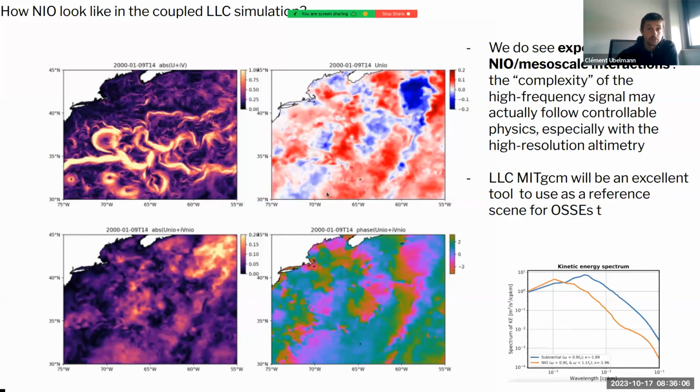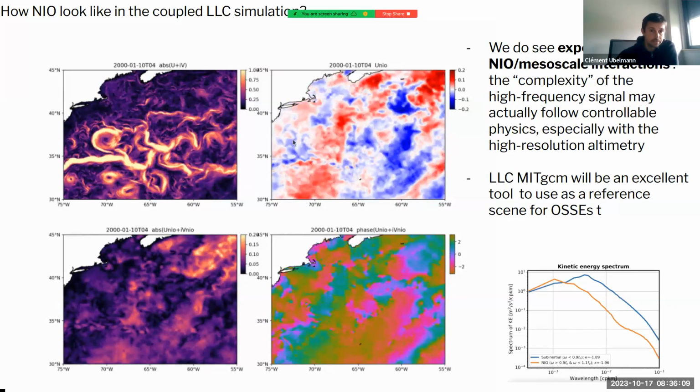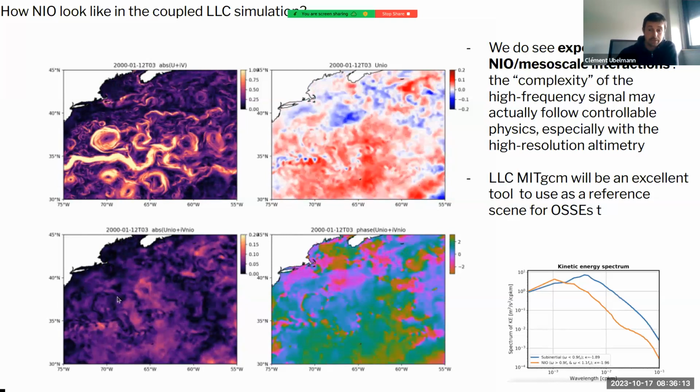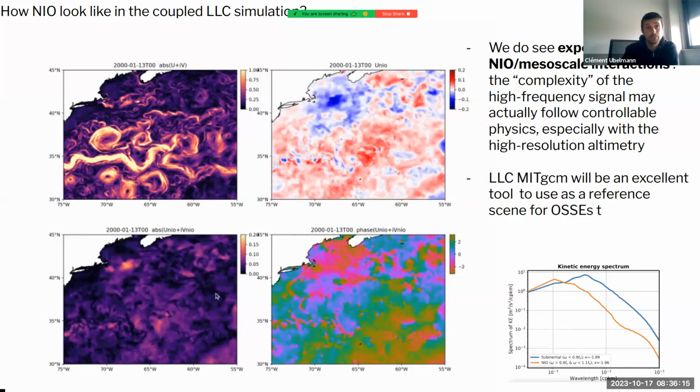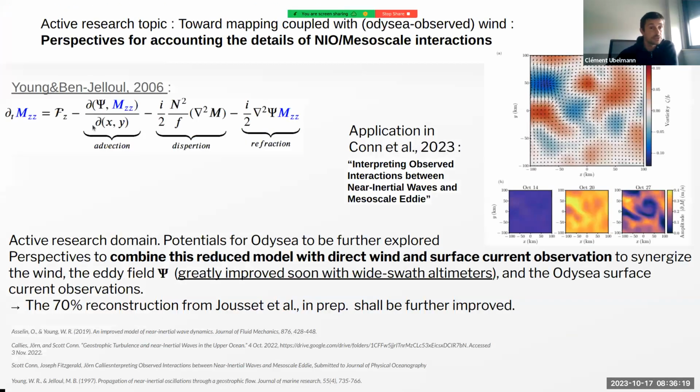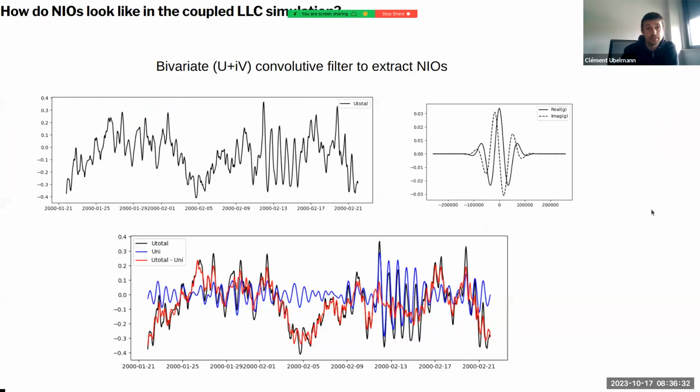What I found interesting is that we clearly see very similar amplitude modulation, for instance on the bottom left, to what we had here from a reduced model by Young and Ben Jelloul, now studied by Kohn et al. 2023. You can see that this amplitude modulation looks fairly like the one we see in LLC.